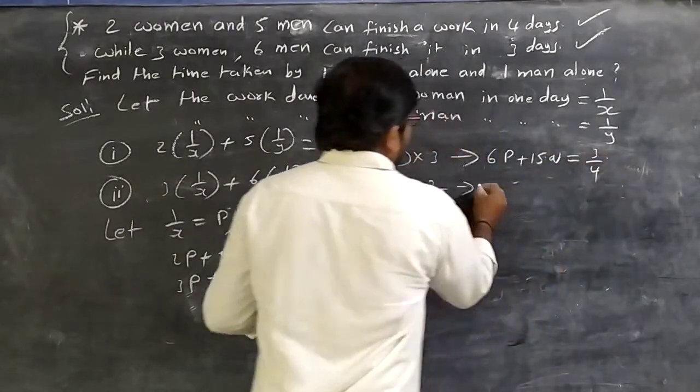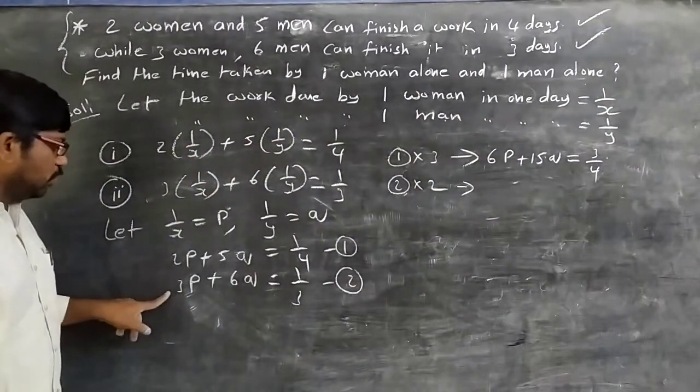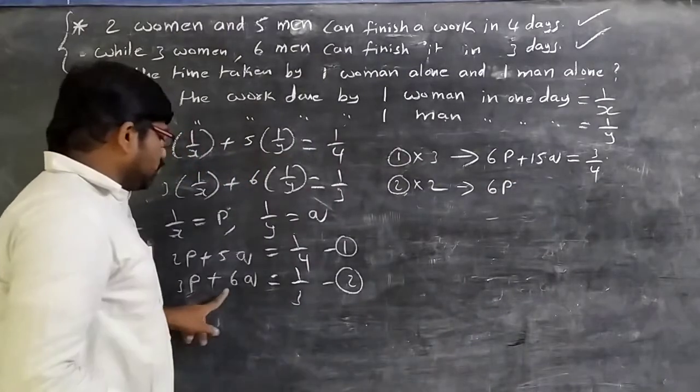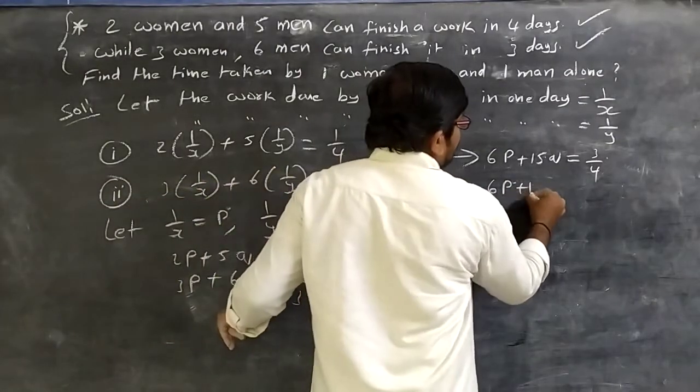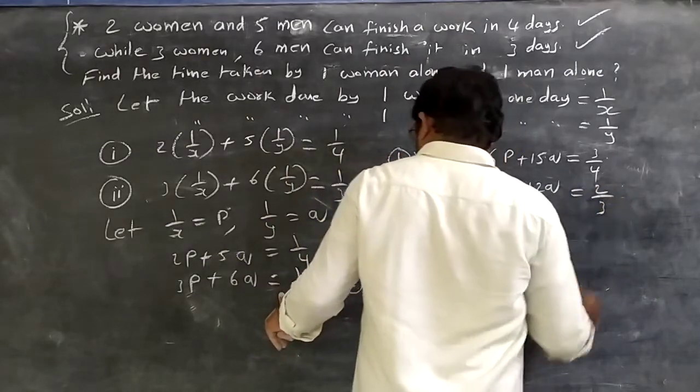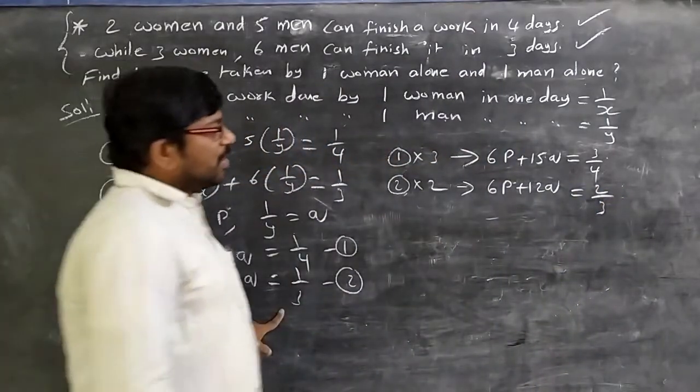Next, equation 2 multiplied with 2: 2 3s are 6p plus 2 6s are 12q is equal to 2 by 3. 2 ones are 2 by 3. Now subtract.